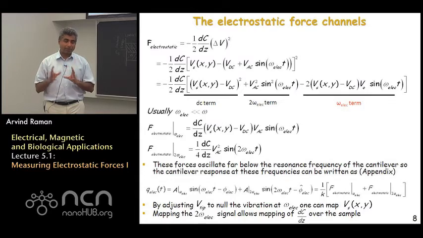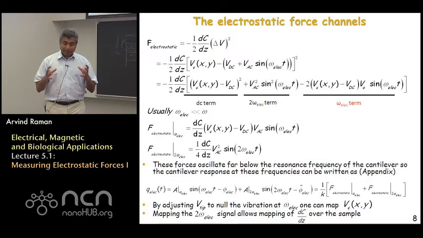That's why that square term is regarded as a term that gives a harmonic signal at 2 times the omega elec. The third term is a cross term that is at omega elec, and the magnitude of that third term is governed by the difference of the sample potential and the DC bias applied to the cantilever.